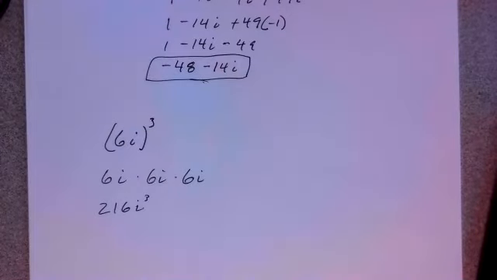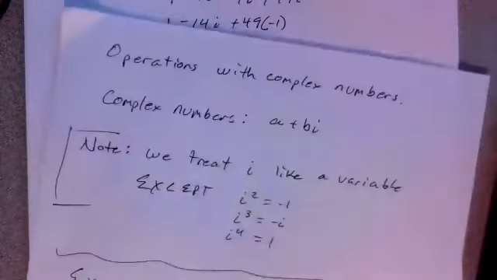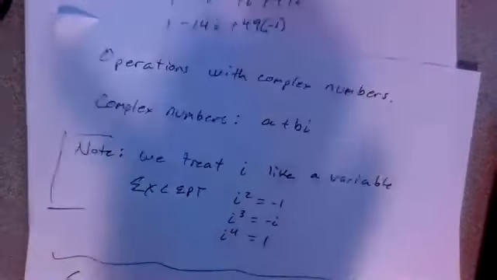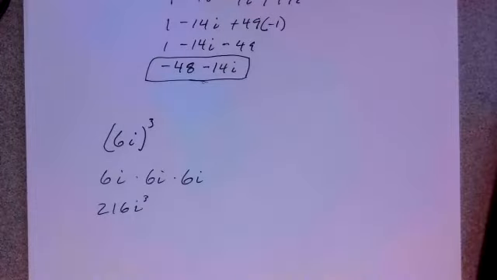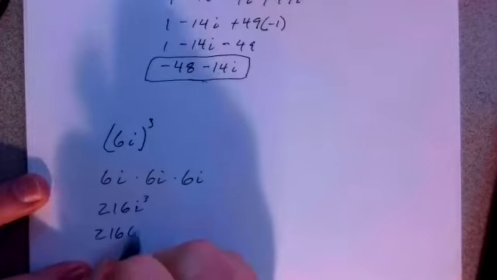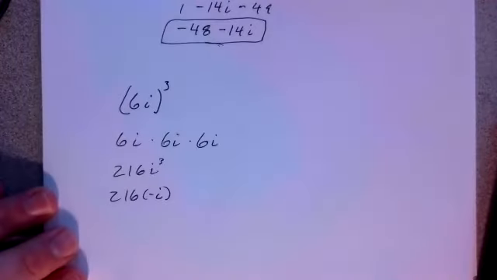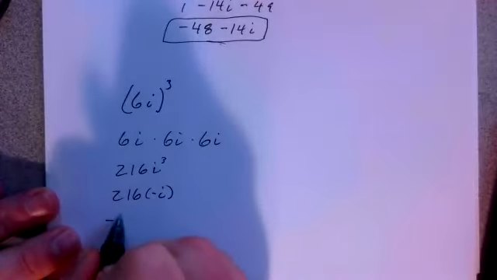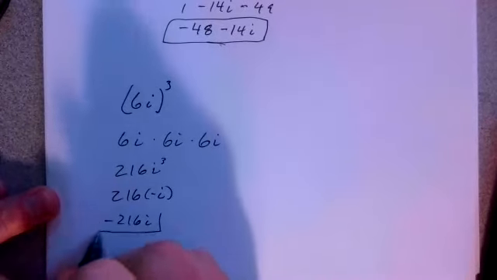Now remember, i to the third from our patterns. Of course, I can't find that note anymore. Yeah, i to the third is negative i. So here, 216 i to the third is 216 times negative i. And that simplifies to negative 216i.